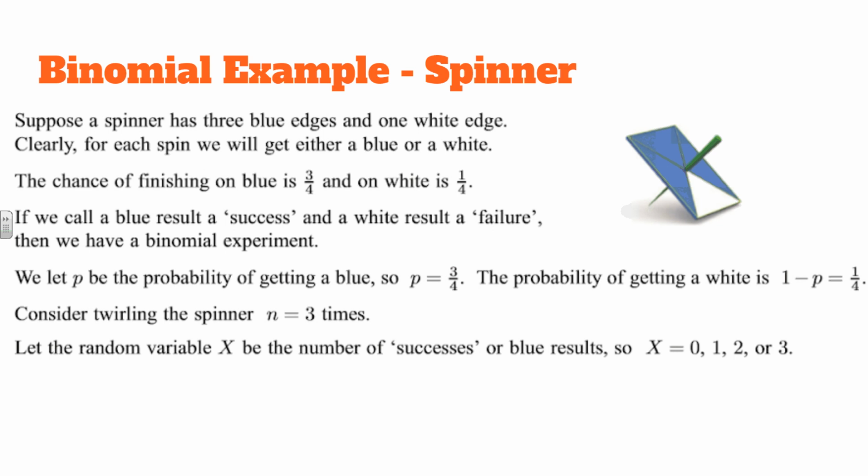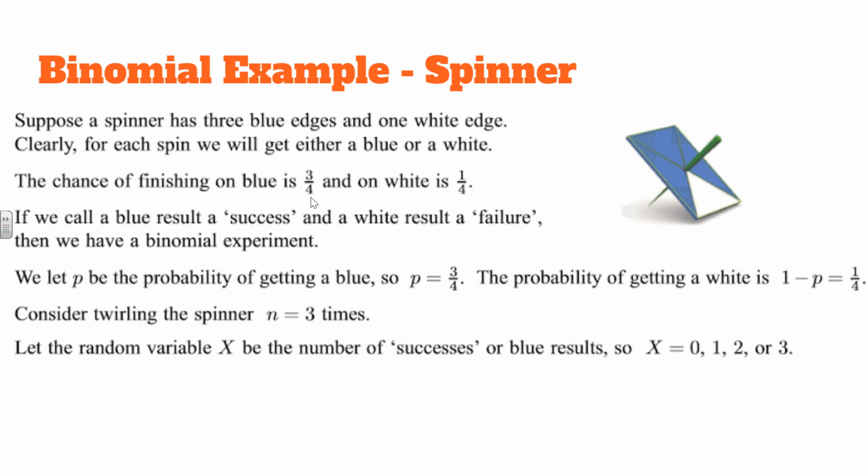Well, what do we say? We said that we must have success and failure. Success is blue, failure is white. We said they have to be independent. Spinning this spinner, one spin has no impact on the next spin, so they are independent. In this particular situation, we're going to spin it three times, so we do have a fixed number of observations, and the probability of success is always going to be 3/4.